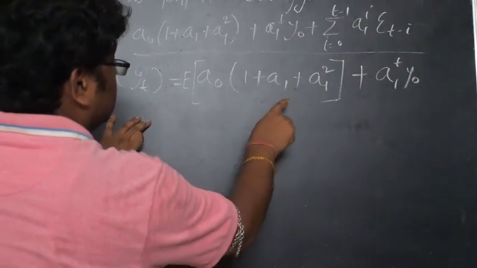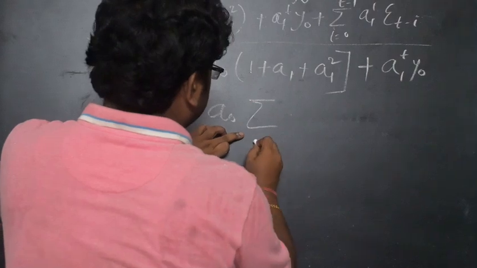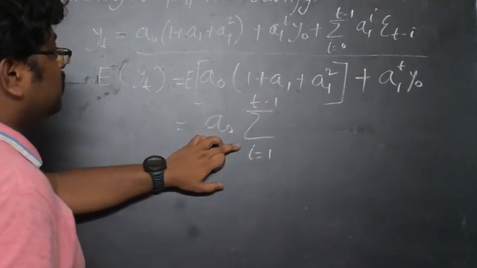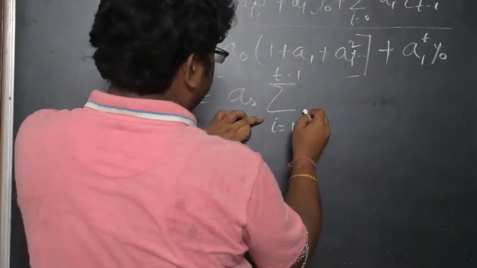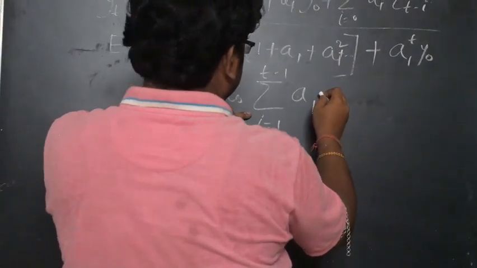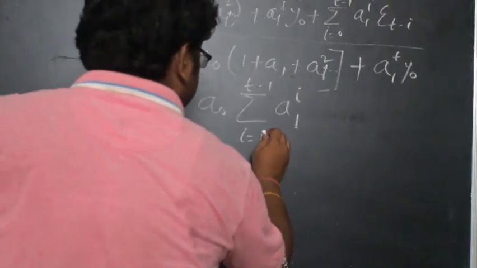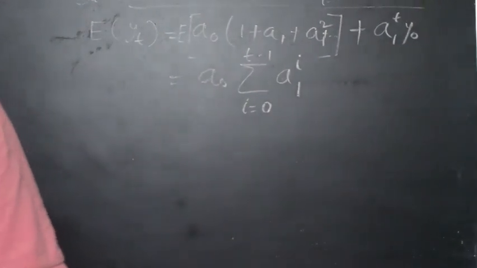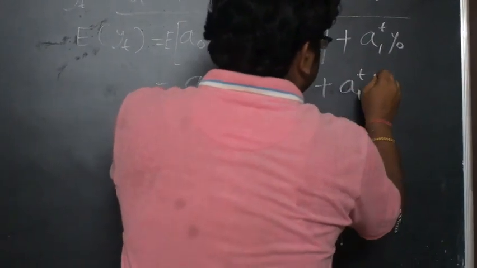You can write this in another way: a0 times the summation i equal to 0 to t minus 1 of a1 to the i, plus a1 to the t y0.